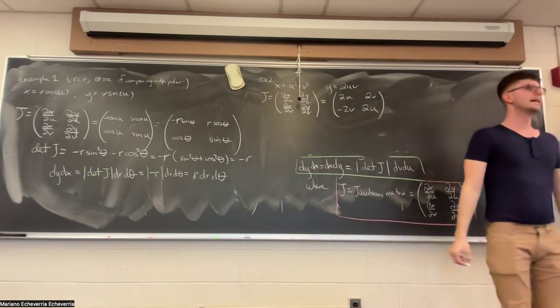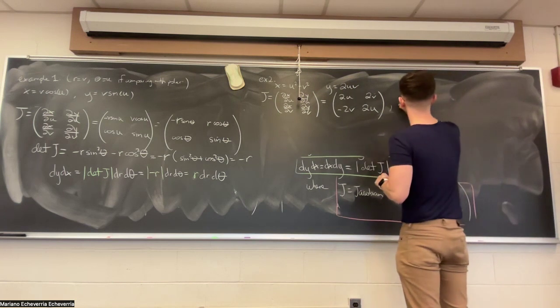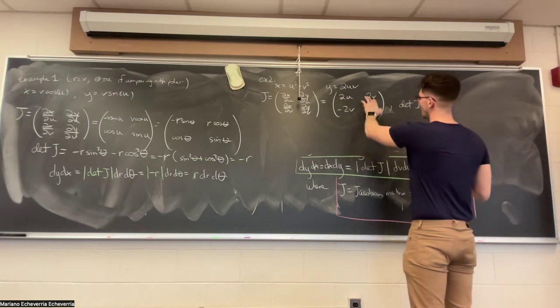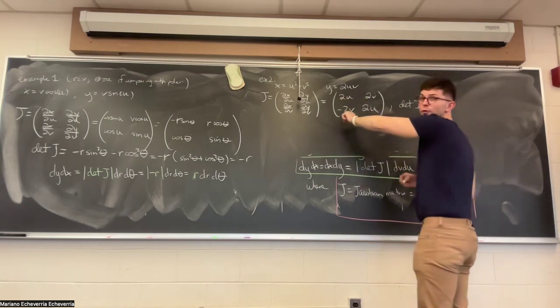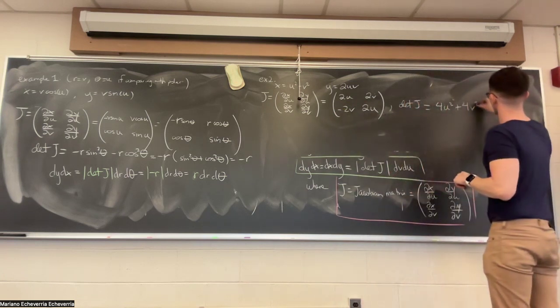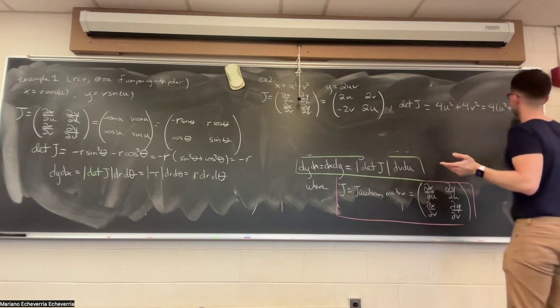Am I making sense? And so the determinant in this case of this matrix would be what? It is 4u squared, minus minus becomes a plus, so you get 4v squared, right? Okay, that's just 4 times u squared plus v squared.